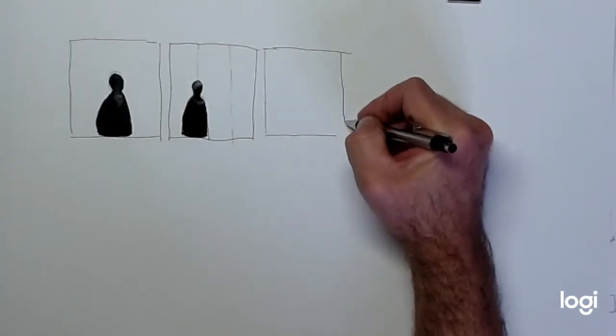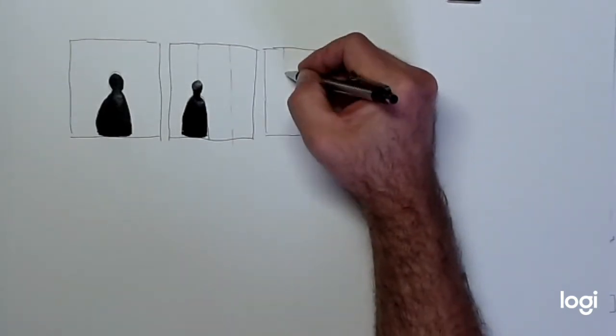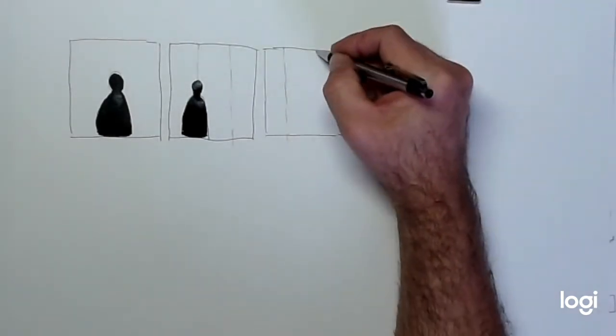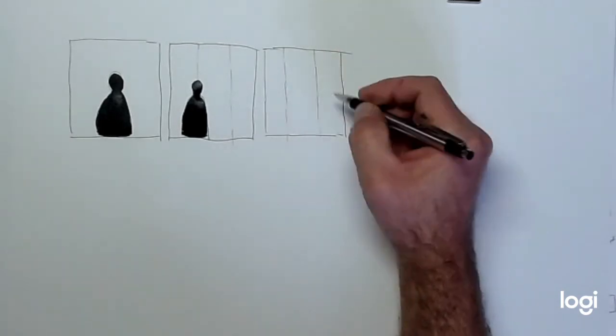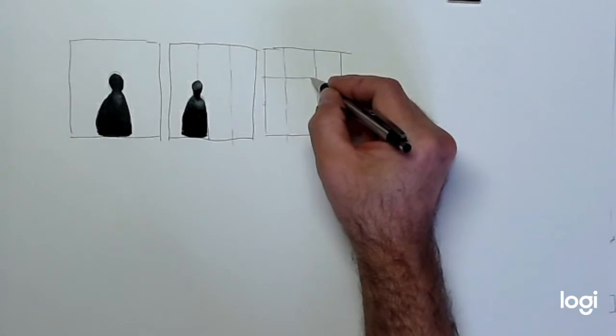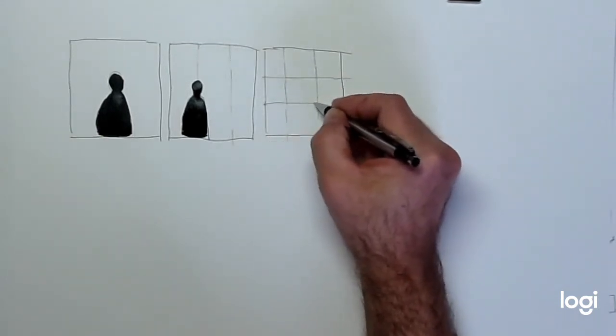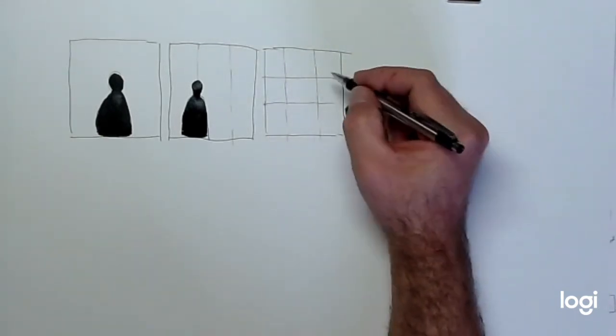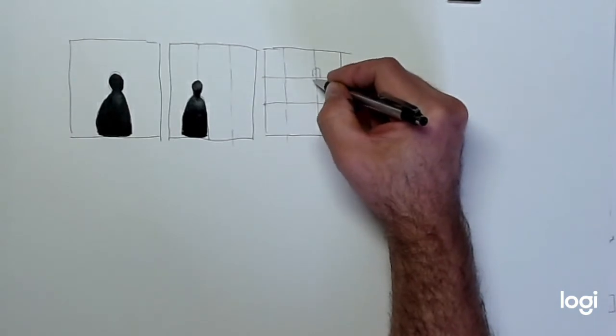The rule of thirds works in 2 directions. And it's used in filmmaking all the time.